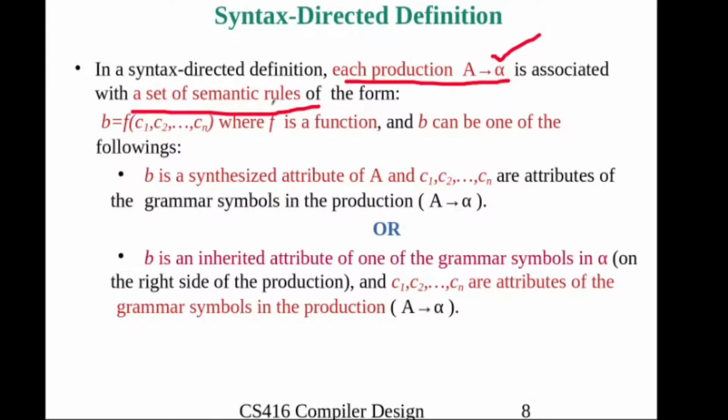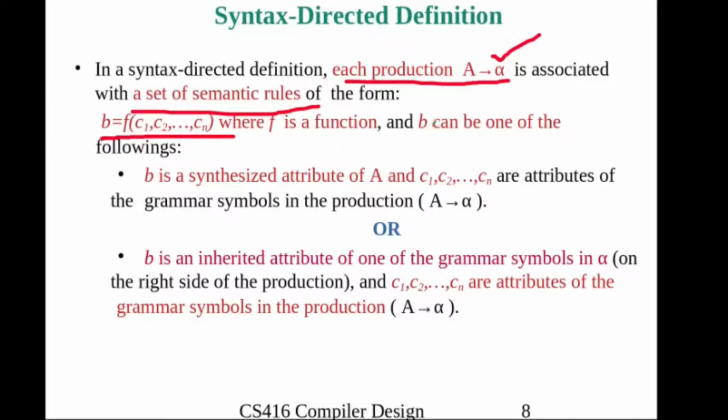The semantic rules are of the form B = f(C1, C2, ..., Cn), where B is an attribute, f is a function, and C1, C2, ..., Cn are other attributes.